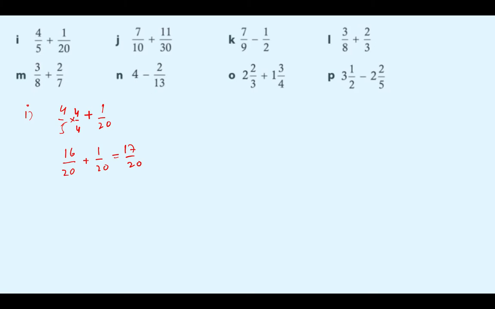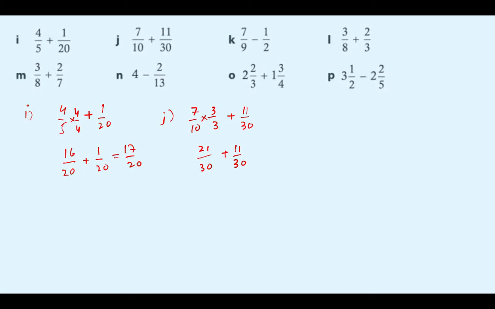Now moving to part J, it's 7 over 10 plus 11 over 30. So we must multiply 7 over 10 by 3 to make the denominator the same. So 21 over 30 plus 11 over 30.